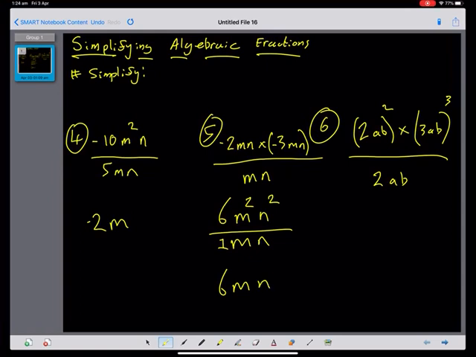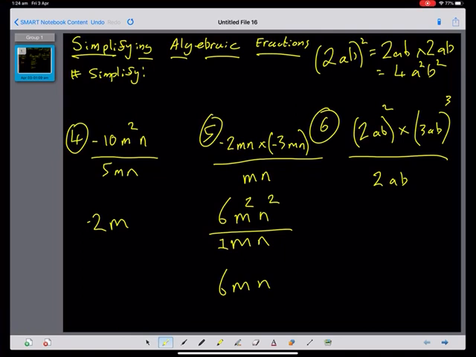Okay, so a little bit more complicated. I'll just do this up here. So we've got 2ab squared. Now this is 2ab multiplied by 2ab. 2 times 2 is 4a squared b squared. However, I like to square things individually.